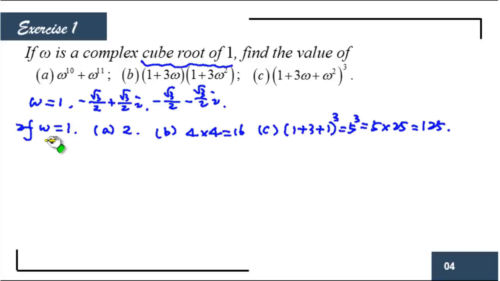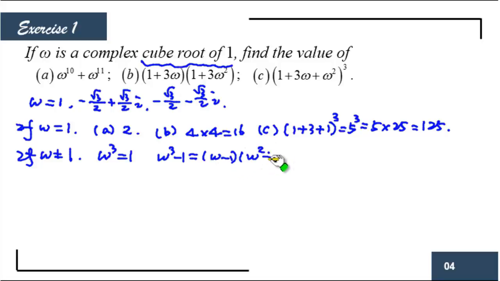If omega is not equal to 1, substituting directly is not a smart choice. We could see omega cubed equals 1, and omega cubed minus 1 equals omega minus 1 times omega squared plus omega plus 1, which equals 0. So we get another form: omega squared plus omega plus 1 equals 0.